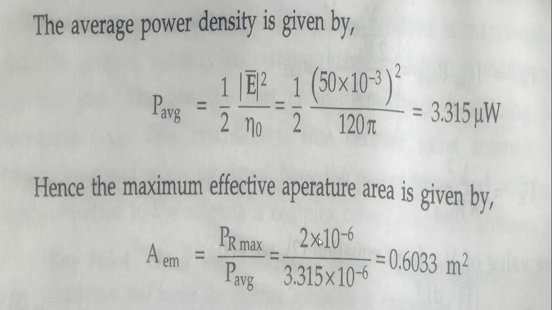The 10 to the power minus 6 cancels out, and 2 divided by 3.315 is 0.6033 meter square. That is the maximum effective area, or maximum effective aperture.